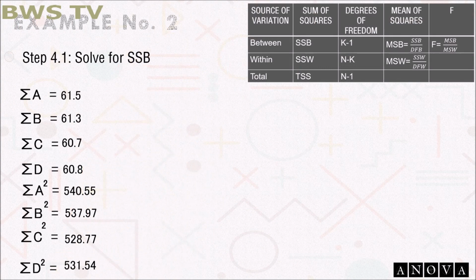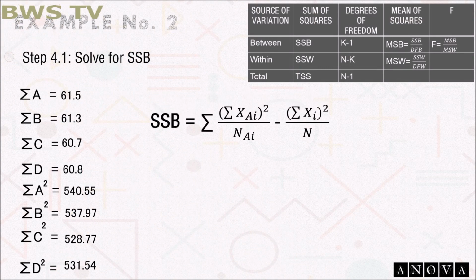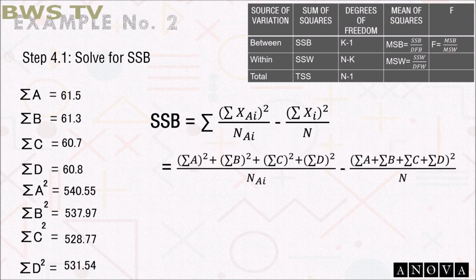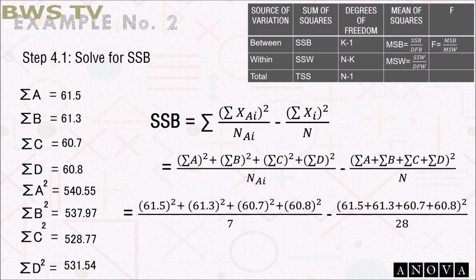So first, we have to solve for SSB. In order to solve for SSB, we should use this formula, or the expanded form, if you get confused. And then all we need to do is to substitute.